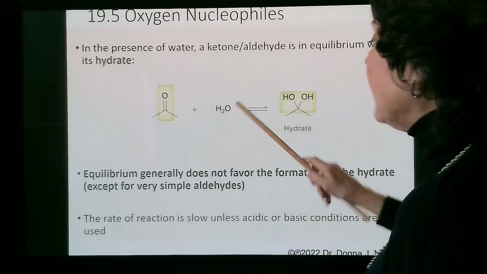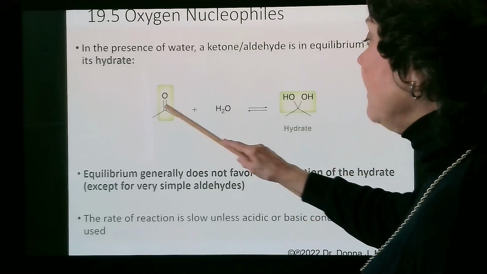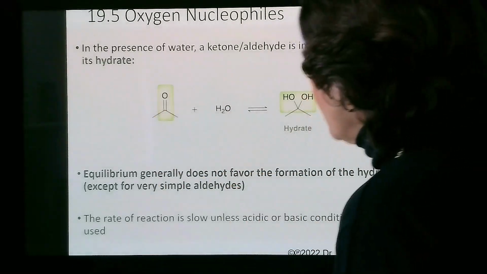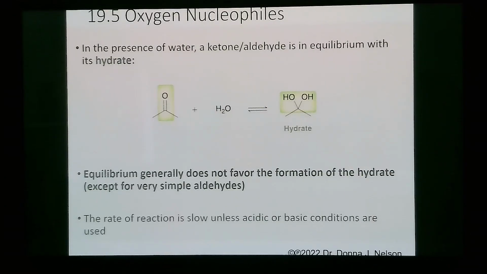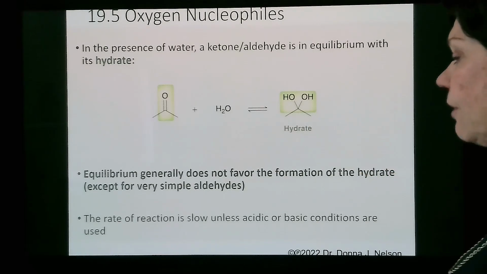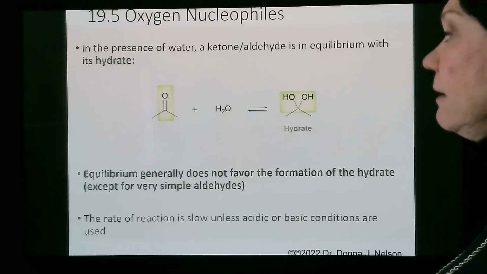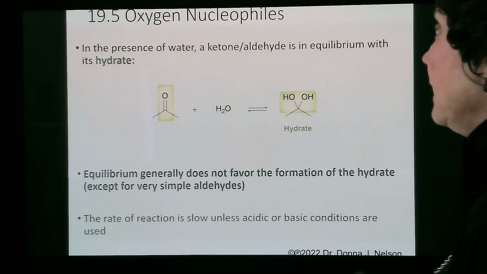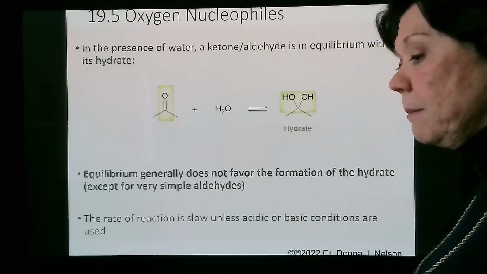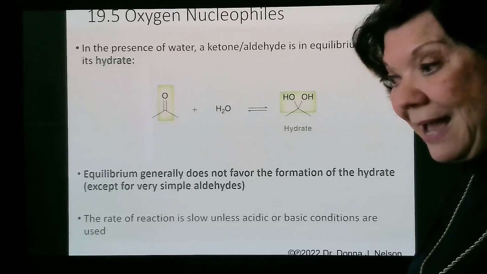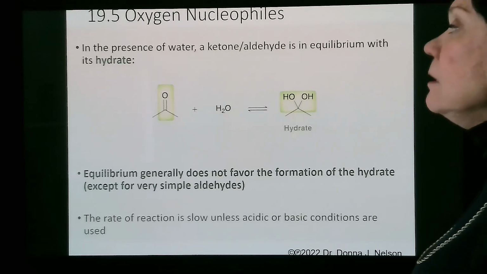And so when these two are in the presence of each other, this oxygen can attack at the carbonyl carbon and you can form a hydrate. Although the equilibrium usually doesn't favor the hydrate, it can be attained. It's good to keep in mind that it can be attained. In some cases, it can become an important side reaction or an important part of the mechanism that you must go through to get to the product.